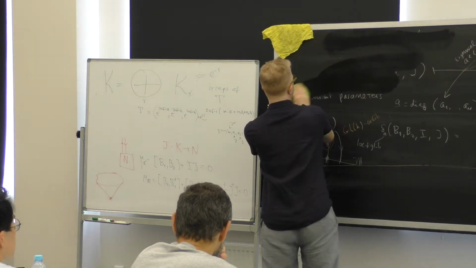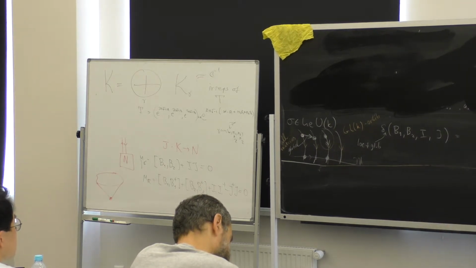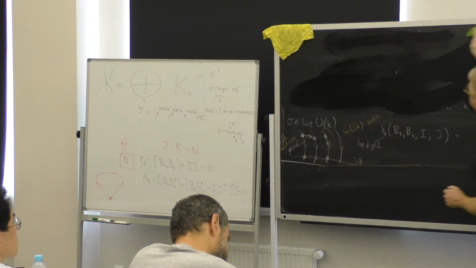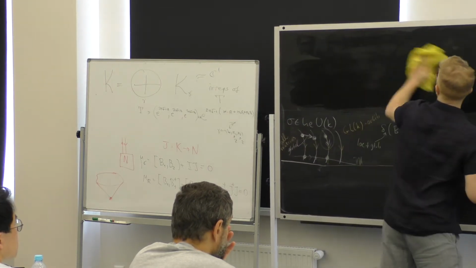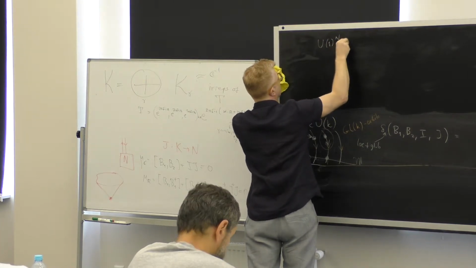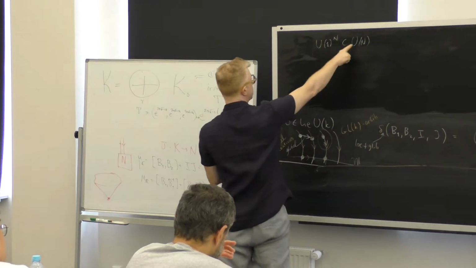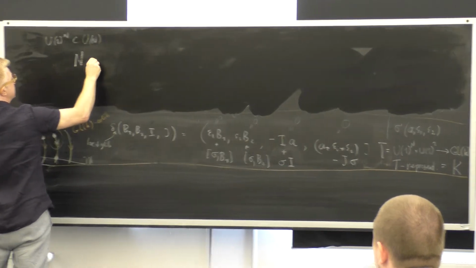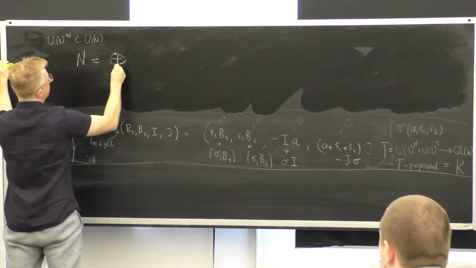Well, first of all, since we made the choice of a maximal torus of the group UN, this choice of a torus corresponds to a decomposition of the space N into the eigenspaces of this.